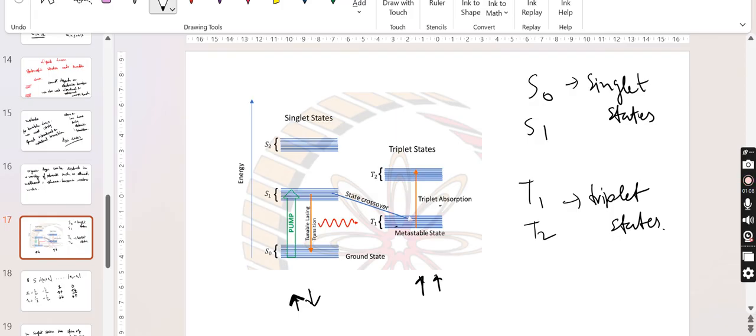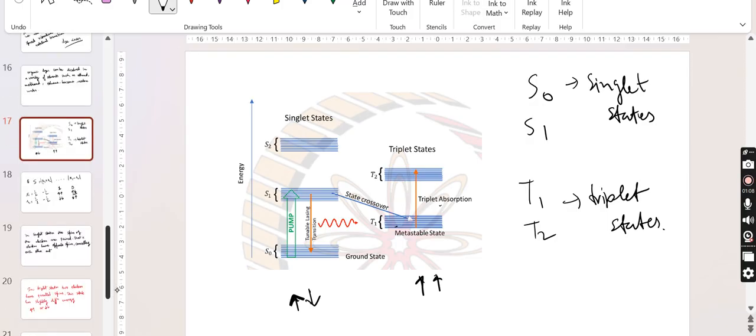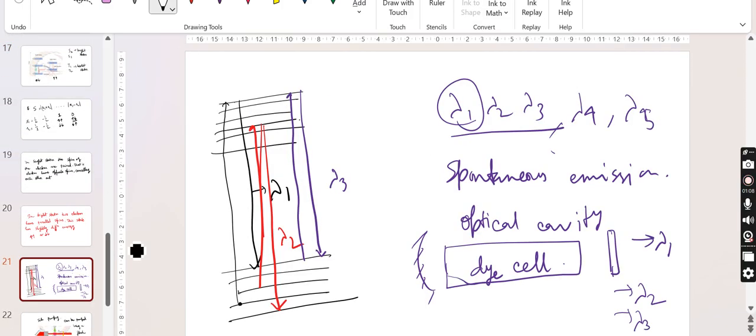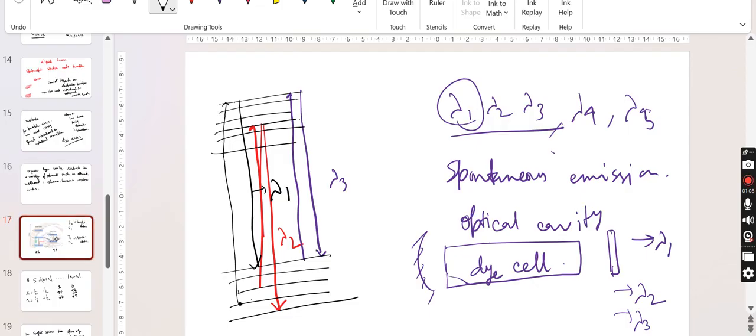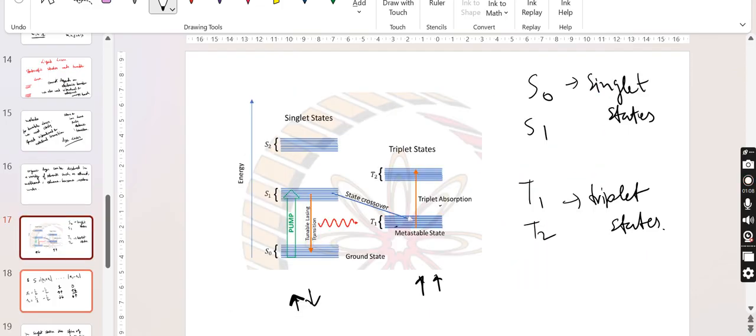We get the tunability because a molecule present in any level can absorb a photon and go up to any level of the upper lasing level, and they can come down and we will get a lambda 1, and if the levels change we get another lambda 2. So there are endless possibilities or combinations of absorbing light or pump.